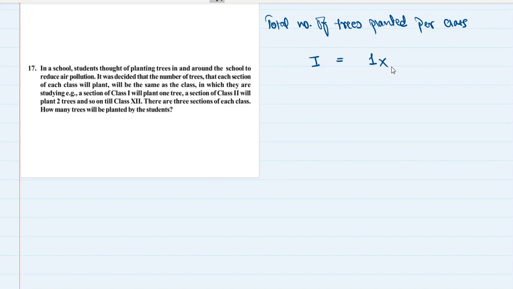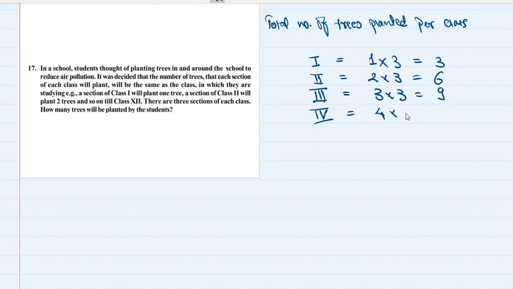So 1 multiplied by 3, that is 3. Class 2 will plant 2 trees per section, that is 6 trees in all. Class 3 will plant 3 trees per section, so total 9 trees. Class 4 will plant 4 trees multiplied by 3 sections, that is total 12 trees.